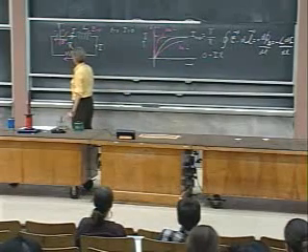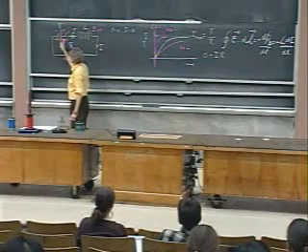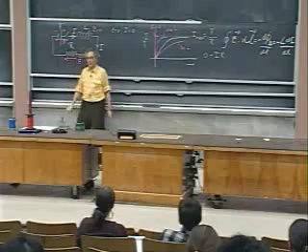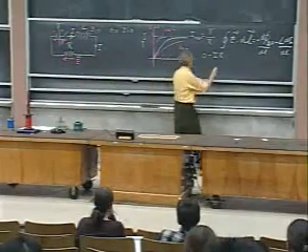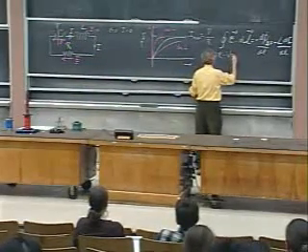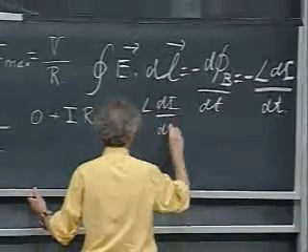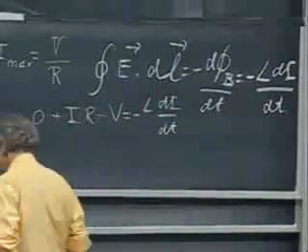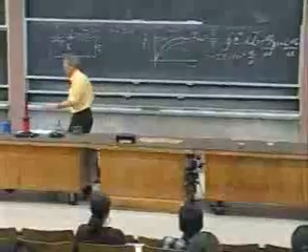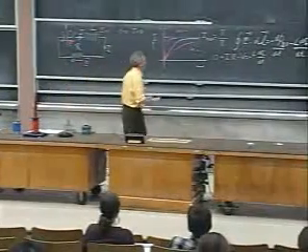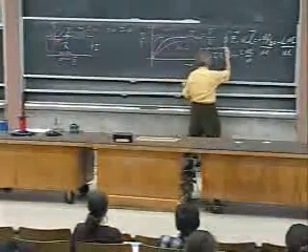Ohm's law tells me it's IR. In the battery, I go against the electric field, and so I get minus V. That now equals minus L dI/dt. And this is the only sane and the only correct way to apply Faraday's law in this circuit.